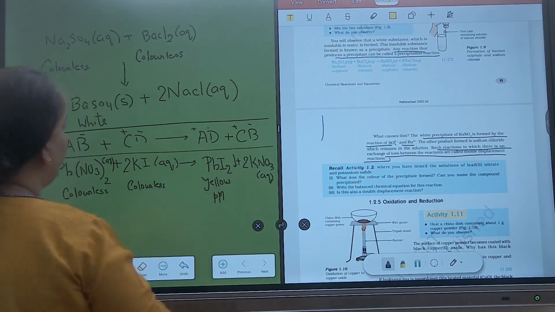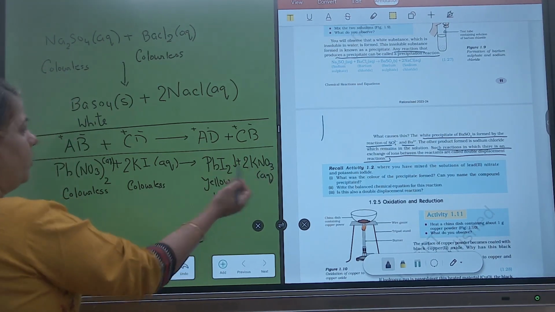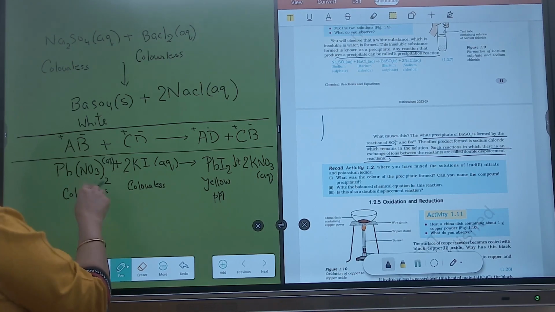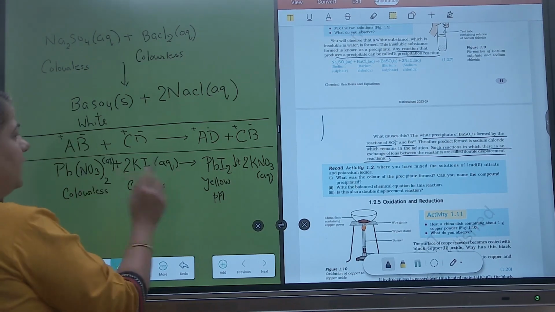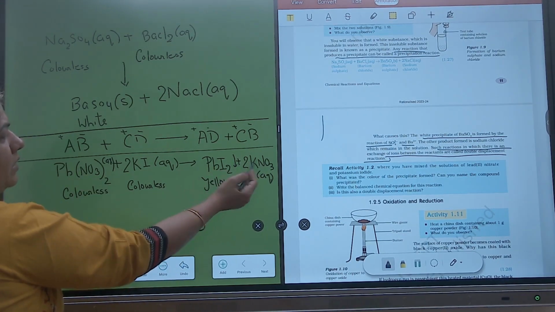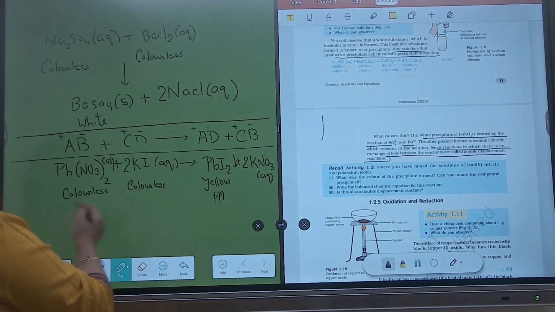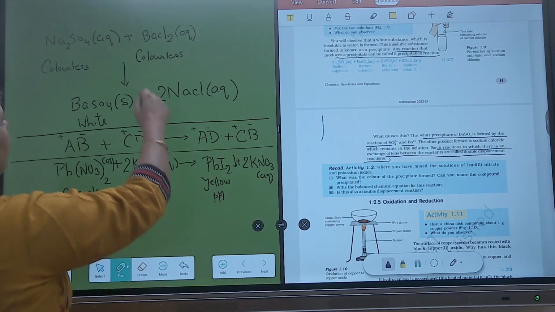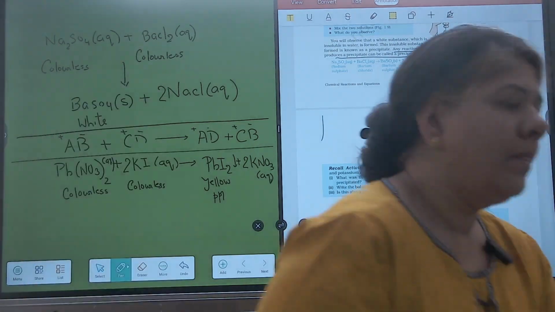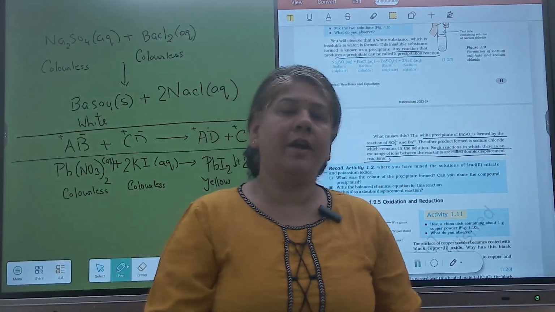So put 2 here. Again 2 nitrogen we already have, and 6 oxygen on LHS, and we have 6 oxygen on RHS. Hence this reaction is balanced. Hope you understood both the types of reactions well.